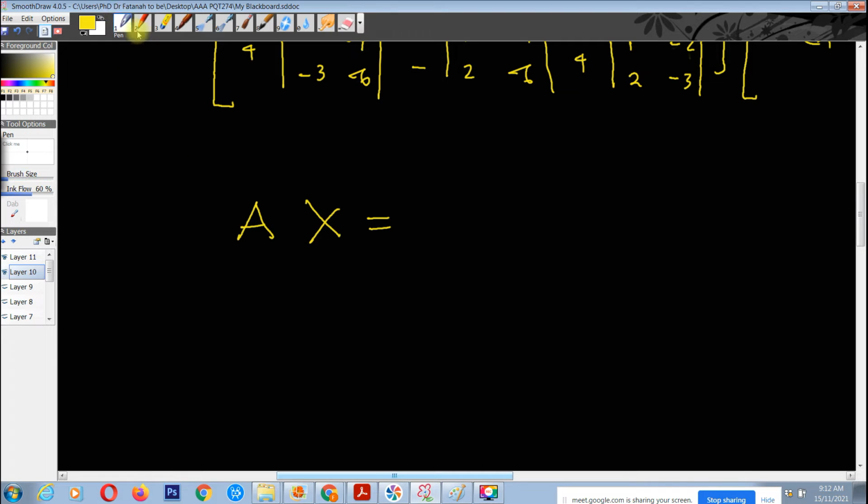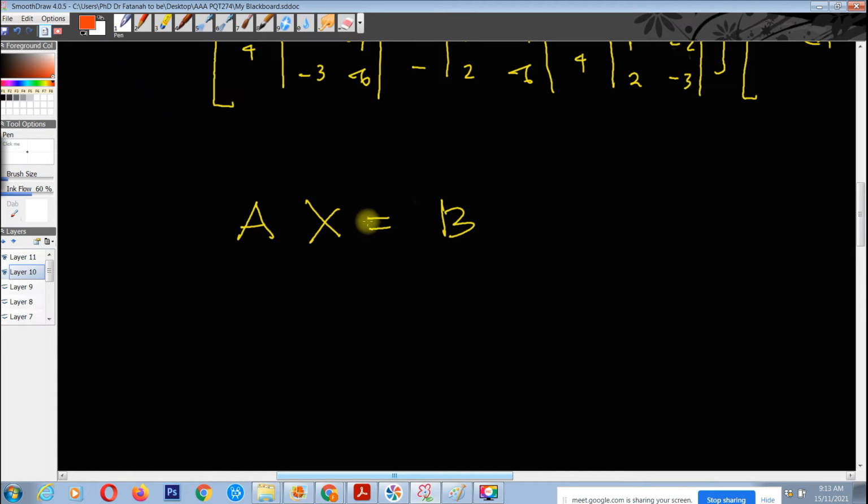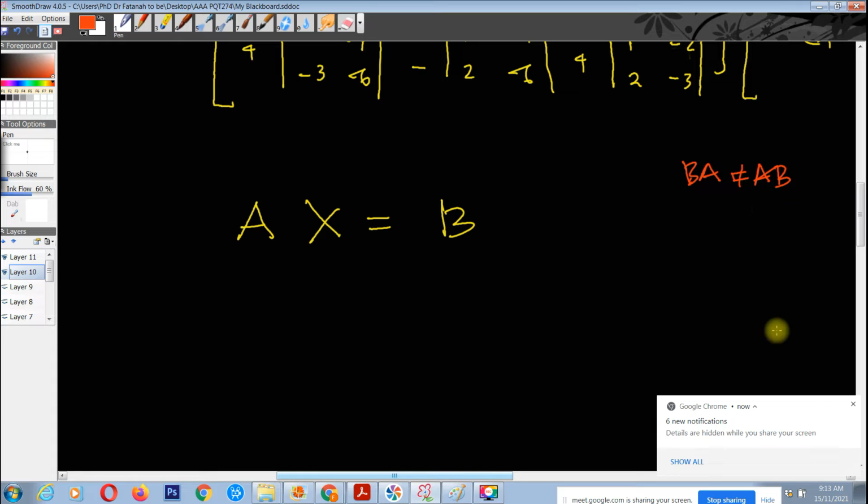Now B we put it here. So now we want to solve this equation. To solve this equation, we need to multiply with the inverse. Make sure for the properties of matrices, we are concerned about the position. We know that BA is not equal to AB, okay?